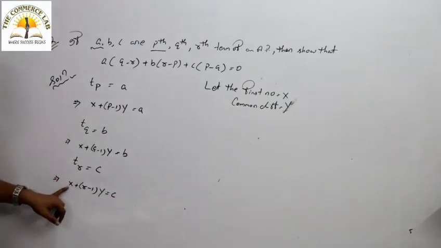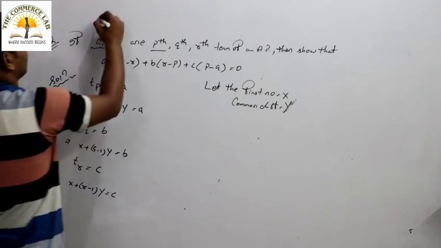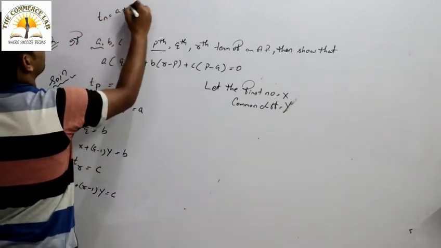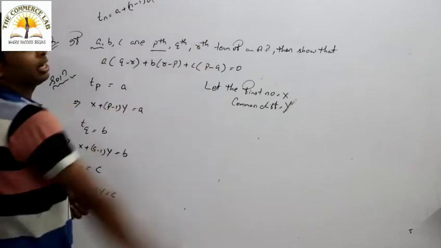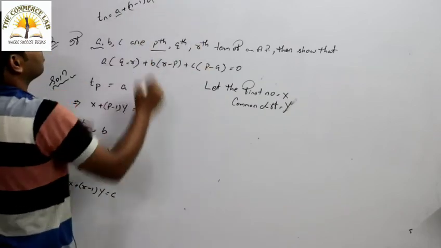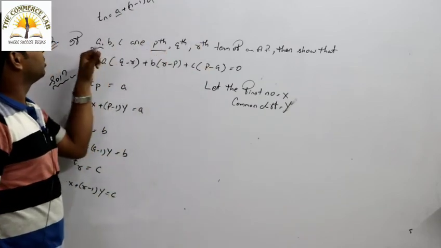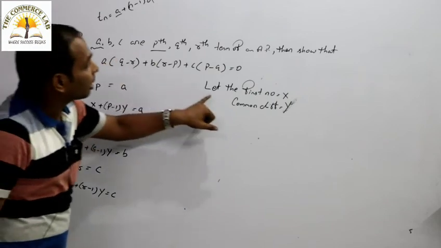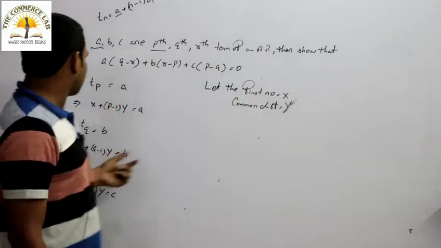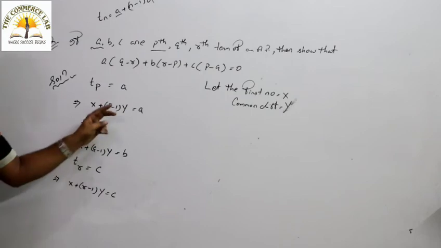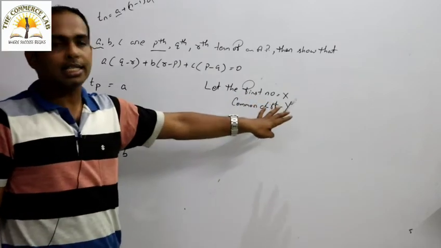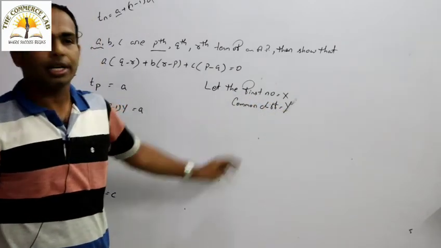We know the formula Tn equal to a plus n minus 1 into d, a is your first term, but though pth term is your a, if we assume that the first number is equal to a, then the conflict will start. That's why I have taken the first number as x, common difference is equal to y.